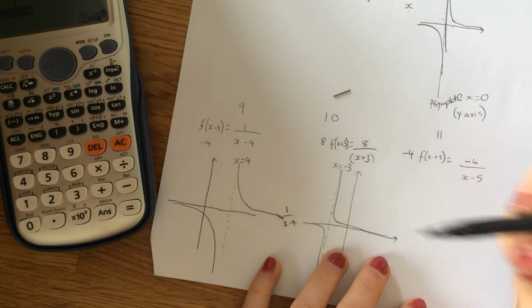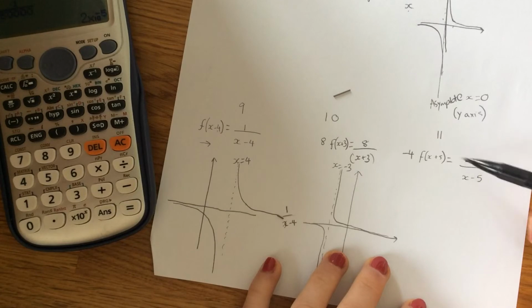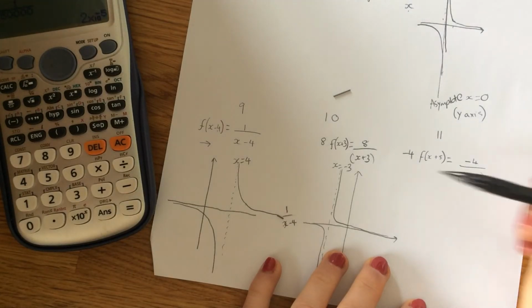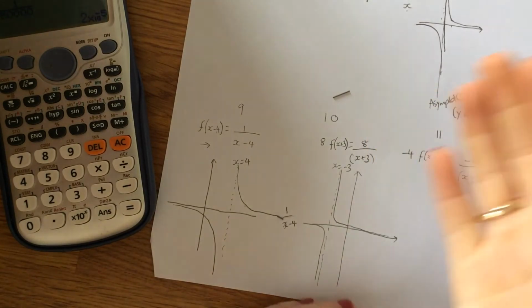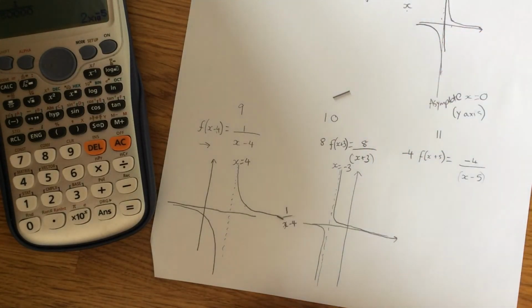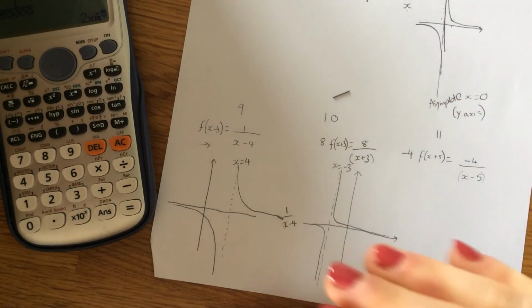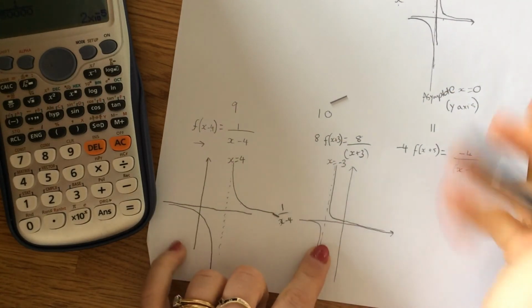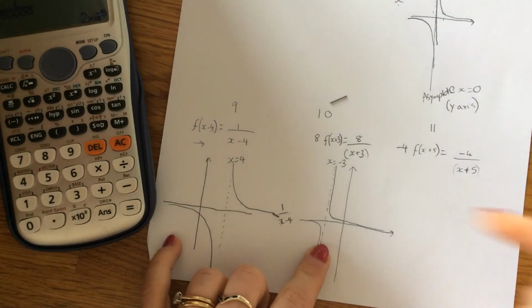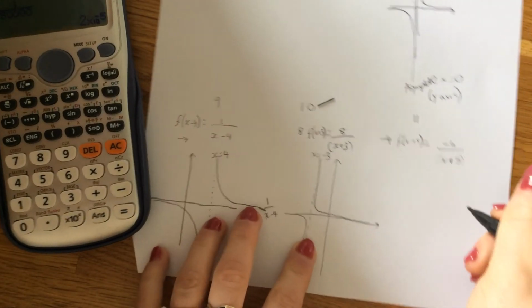So the minus is a reflection of the y values because it's outside the bracket. Okay, so we've got a reflection over the x-axis, and we've also got a shift, oh that's a plus, going in the negative direction for the x values.